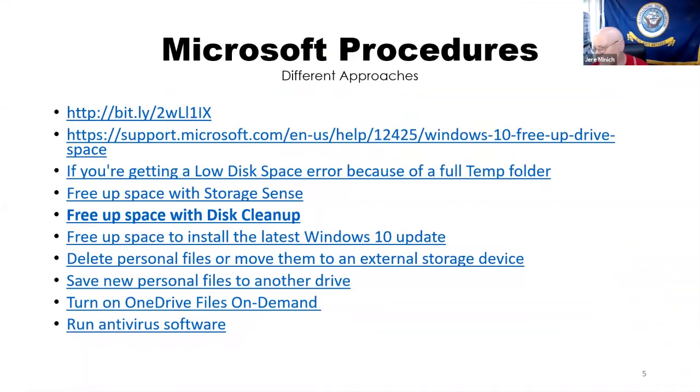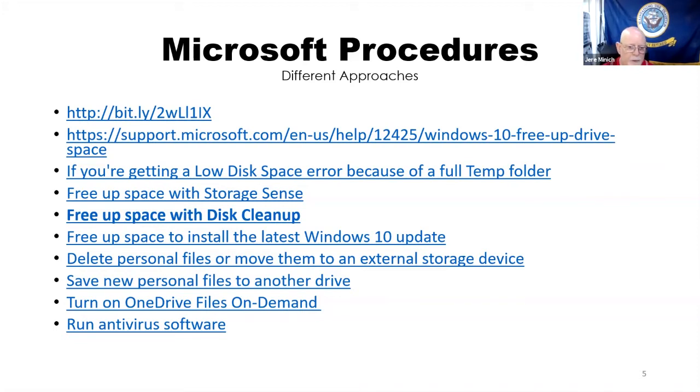Like I said, Microsoft has a whole lot of different resources on the internet for cleaning up your hard drive and tuning up your PC. The top reference there is a bit.ly. Now, all a bit.ly is, is a short version of a long address.